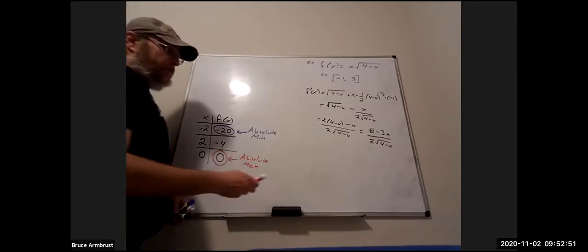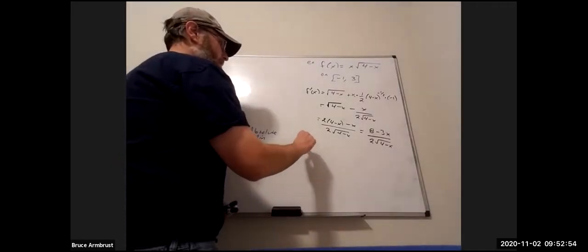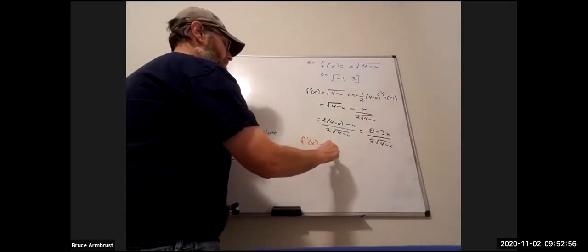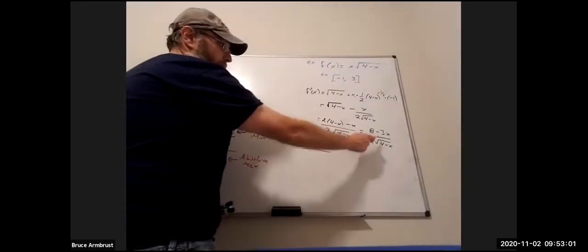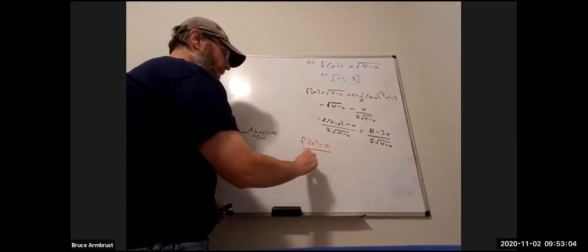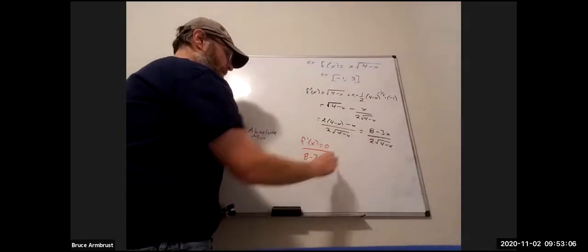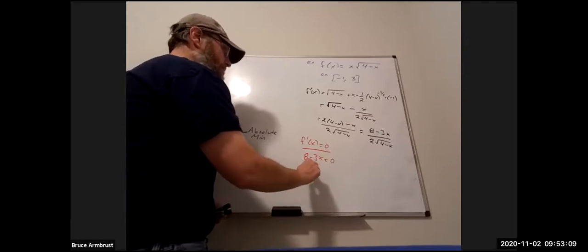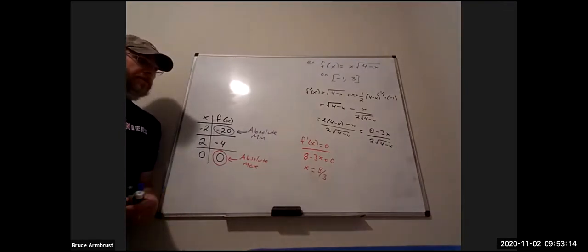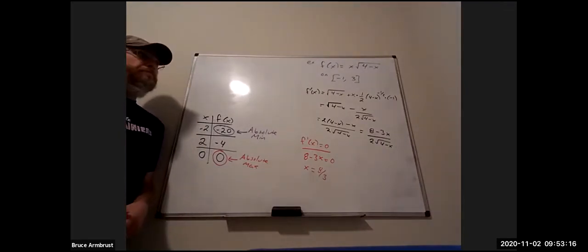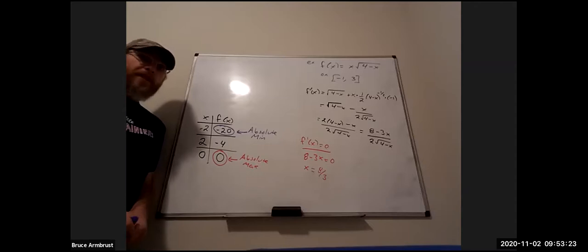So again, our two options. The first was where it equals 0. When you have a fraction, the only way a fraction can equal 0 is if the top equals 0. So that's going to equal 0 at x equals 8/3. So that's the one and only place where the derivative of this function is equal to 0.